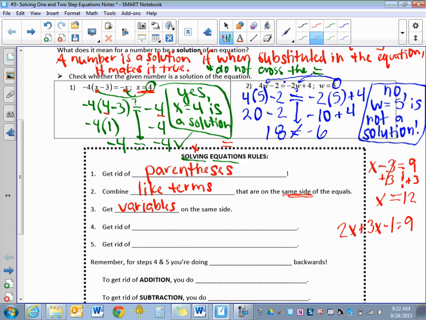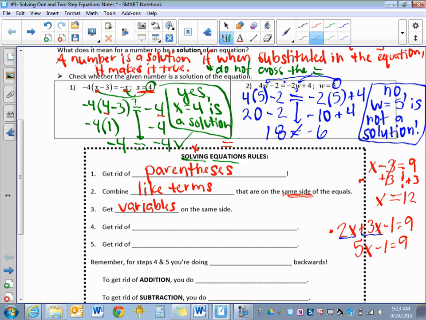So I can combine my 2x and my positive 3x, in which I would get 2x plus 3x is 5x, and then minus 1 equals 9. And then I could solve from there. So notice that difference. Here, I am combining like terms. Up here, I was crossing my equal sign, so I had to do the opposite operation. Alright, we'll keep emphasizing that.